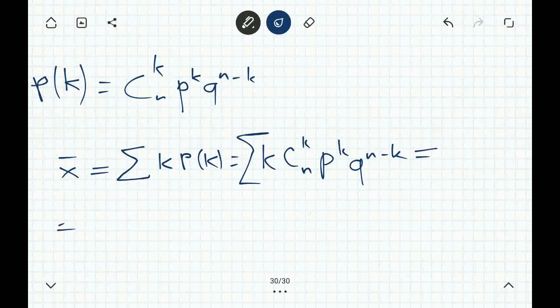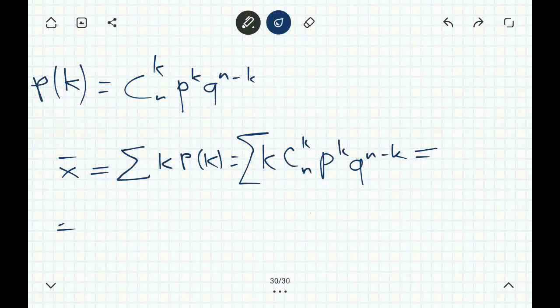I'll make one more step. So what does that mean? We substitute 1 for k. So 1 times C(1, n). Sorry, we should start with 0.